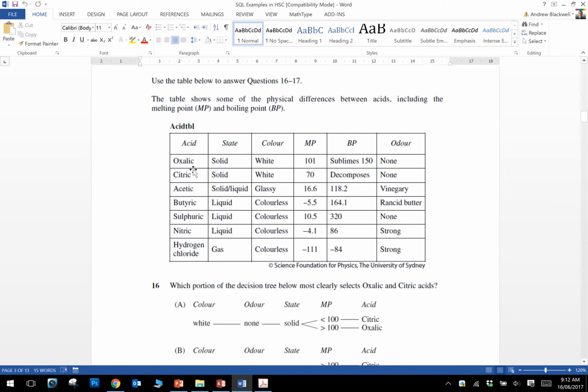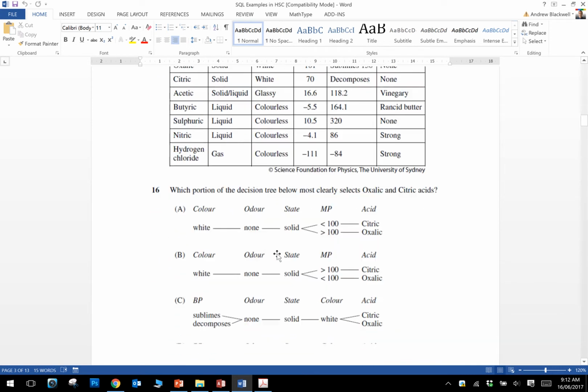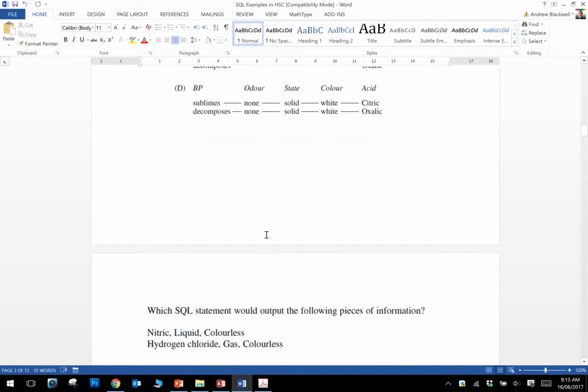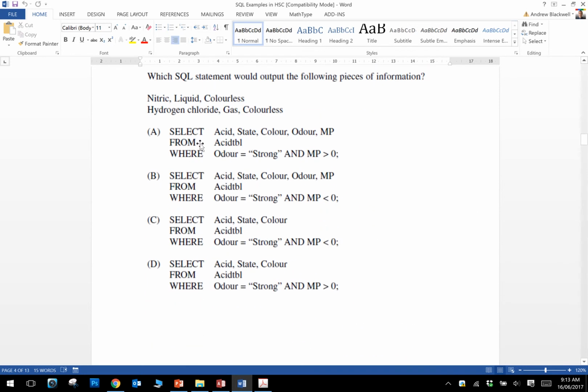And like I said the other day, this could be anything. It could be printers, it could be hopscotch scores, as far as the syllabus and the HSC is concerned. And then we have what's known as a decision tree, and we'll go through those later on. But then you can see that they put it into a pretty easy format where it says select from where.